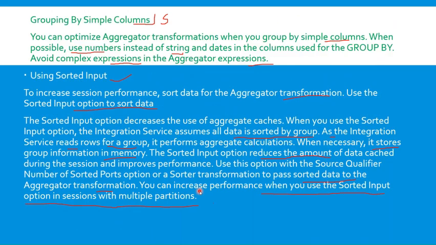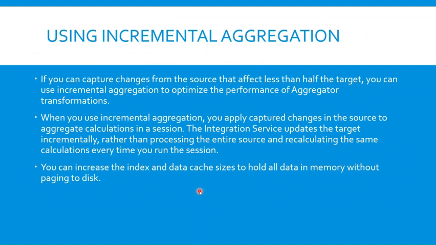Production support mostly doesn't need the detail level, but they can guide developers if performance is degrading or throughput is coming low. I will take a separate session on that performance issue, so don't worry.